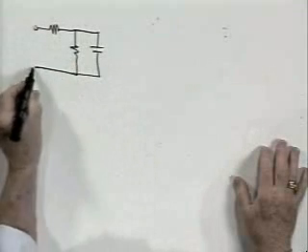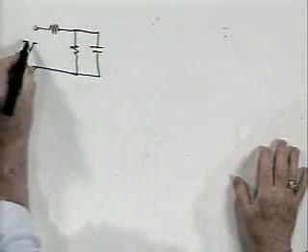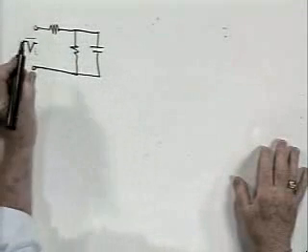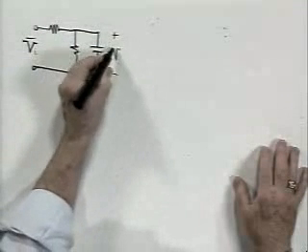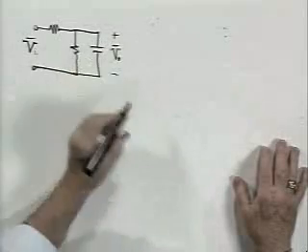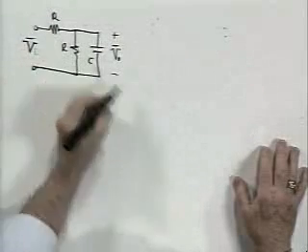One capacitor, 2 resistors. This was V in, complex amplitude. This was V out, complex amplitude. These resistors were equal, both R, and this was a capacitor C.